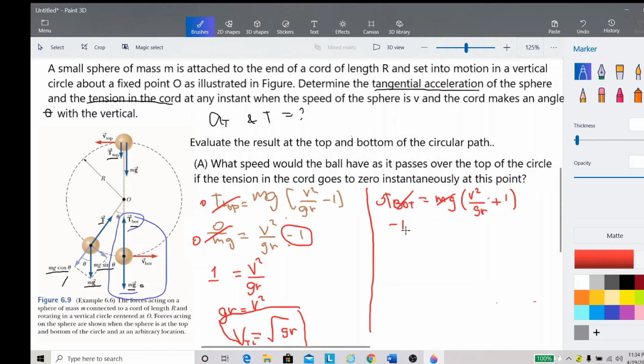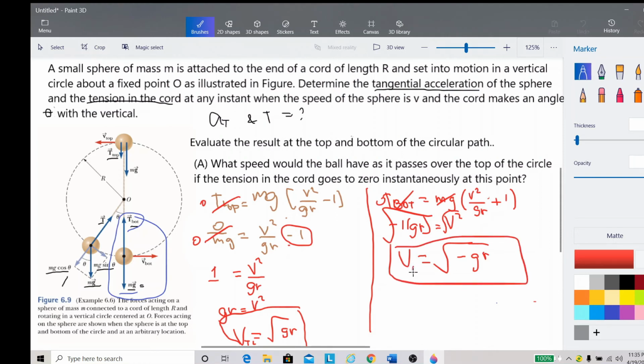So multiplied by gr, that will be multiplied by gr. And we have there v squared, extract the square root of both sides. V is equal to square root of negative gr. Okay, so this one is in the bottom.